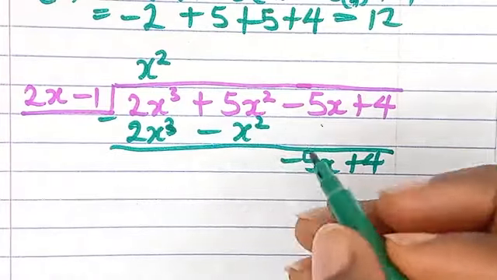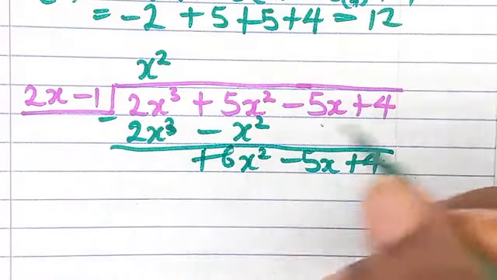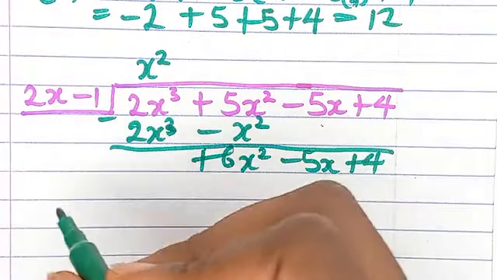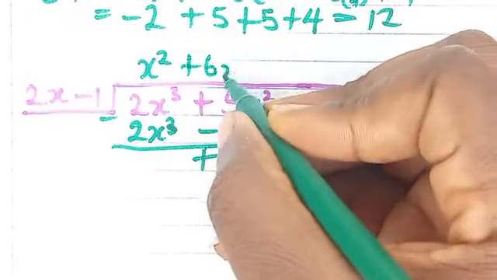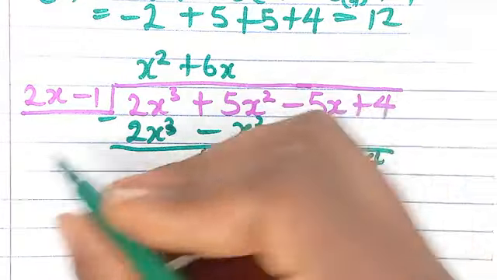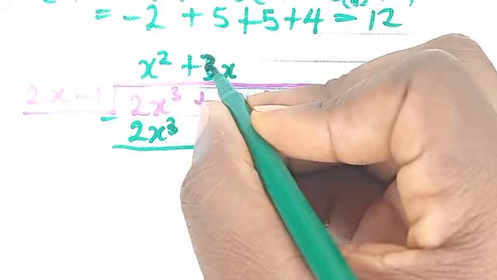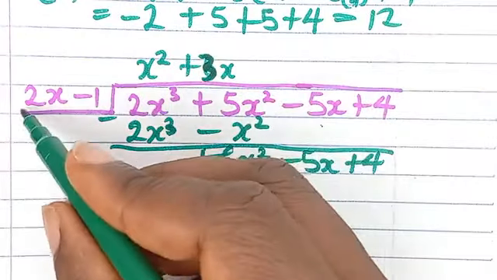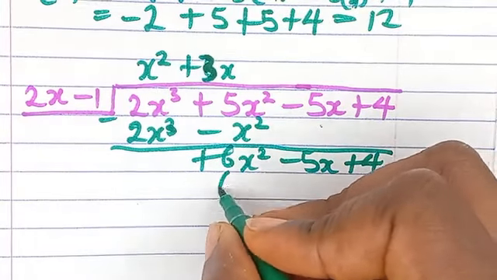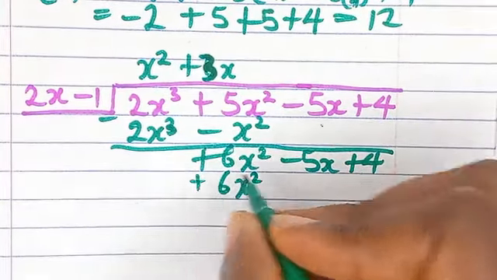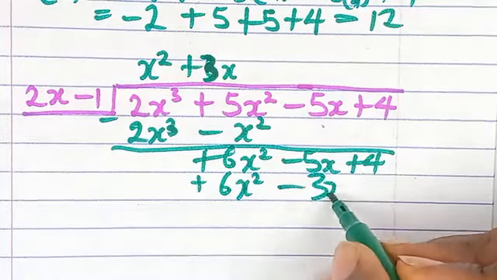That is plus 5 plus x squared is plus 6x squared. This term minus itself is 0. We divide into this. So we are going to get plus 3x, sorry, plus 3x. 3x times 2x is equal to 6x squared, and that's a positive value. 3x times minus 1 is minus 3x.